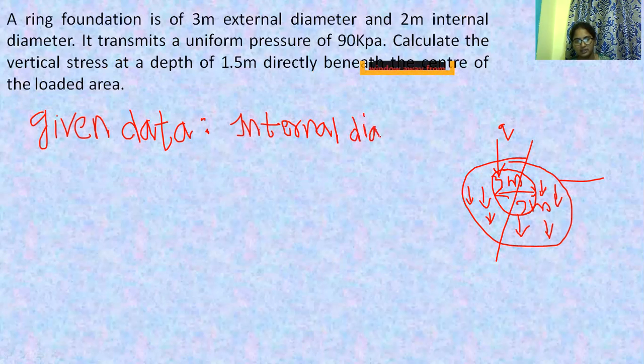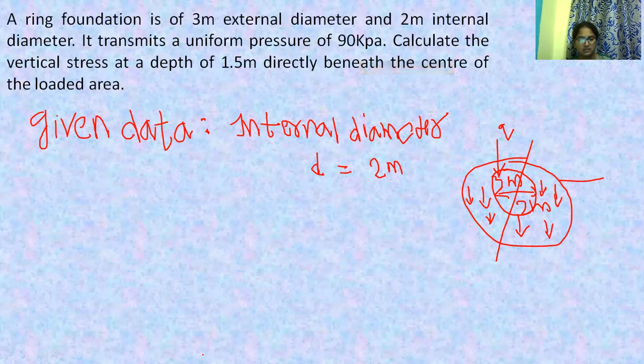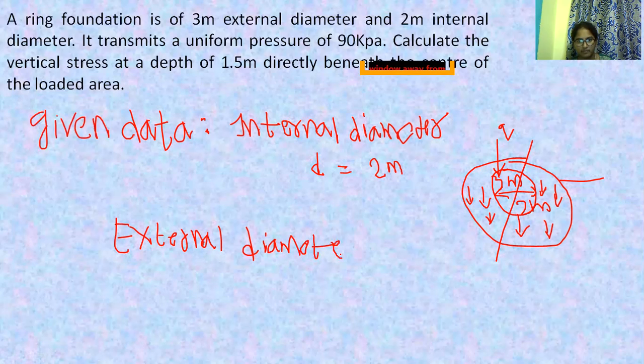Internal diameter d is equal to 2 meters, and external diameter capital D is equal to 3 meters.